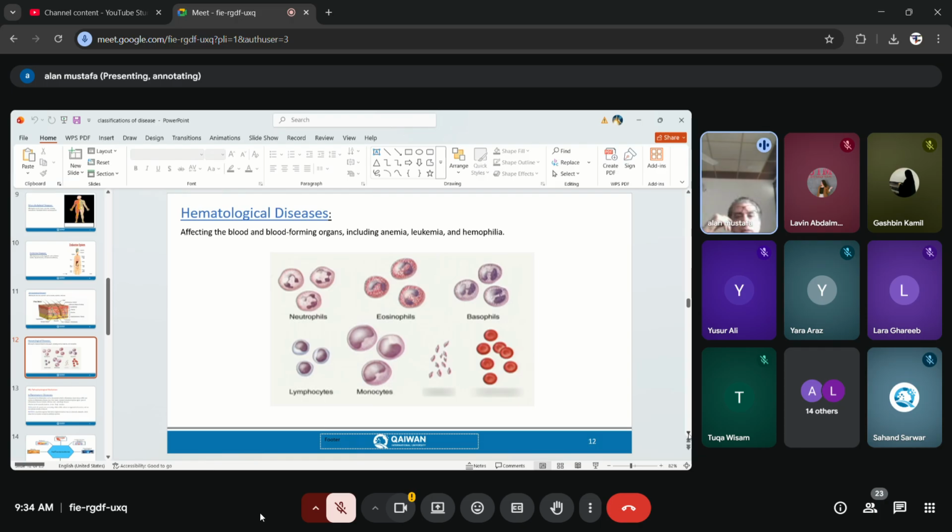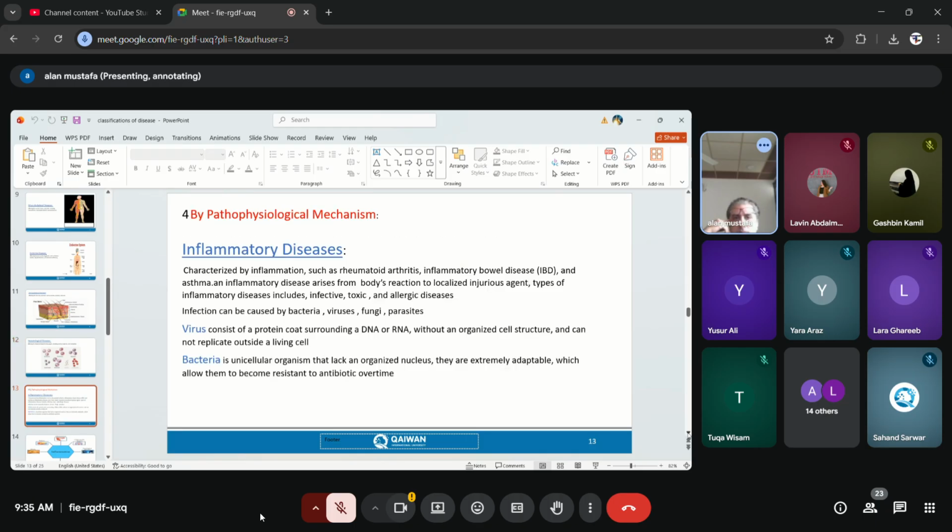Hemophilic patients are those who have a problem with clotting of the blood, so they can bleed very easily. Again, this is very common. We have many different types of this. Some of them need treatment for the rest of their life after the diagnosis.